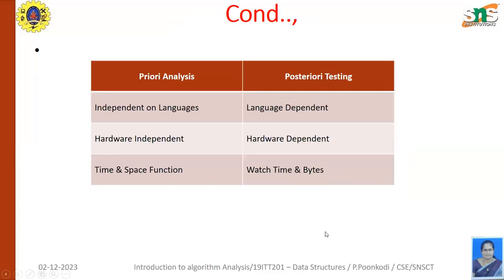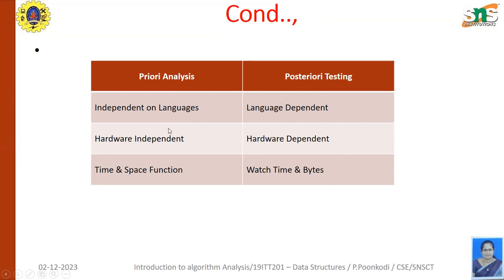In the algorithm phase, we use a priori analysis, that is, before implementation. While going with the program, we go with posterior testing. The priori analysis is not dependent on language or hardware, but the posterior stage is language and hardware dependent.